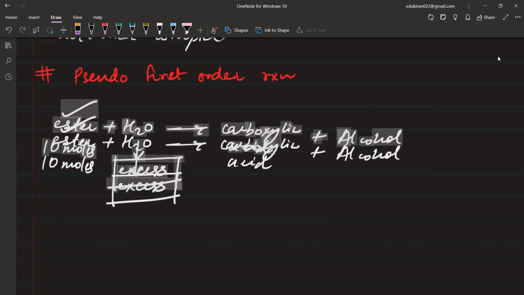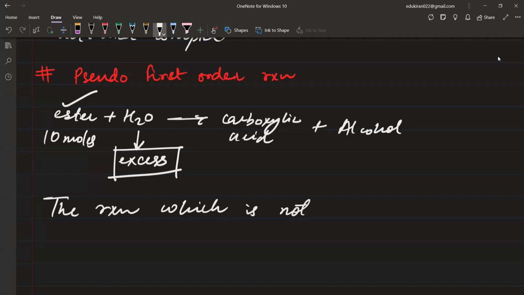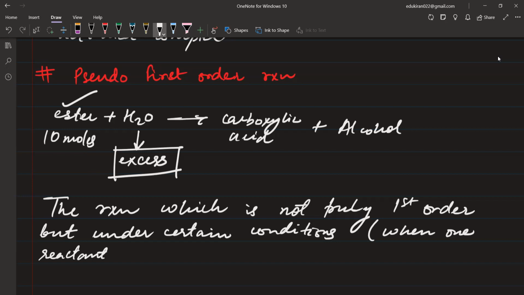So please write with me: a reaction which is not truly first order, but under certain conditions, and the condition that you have to study is when one reactant is in excess, it becomes first order.